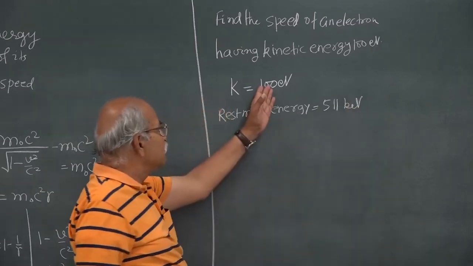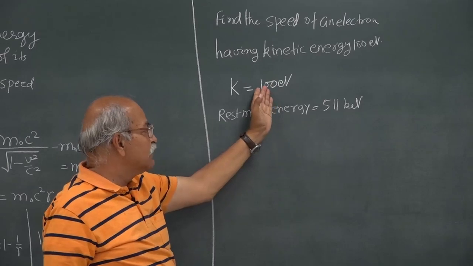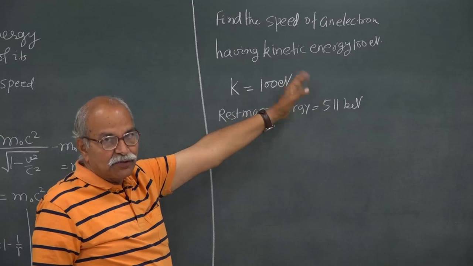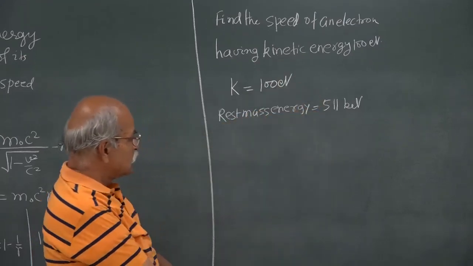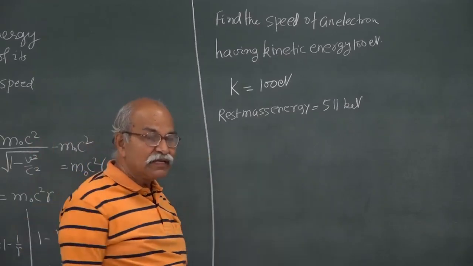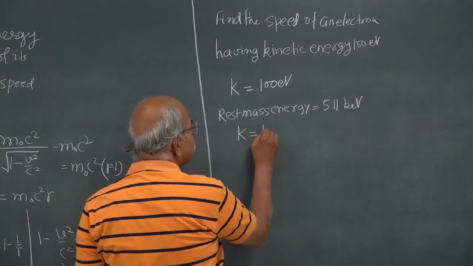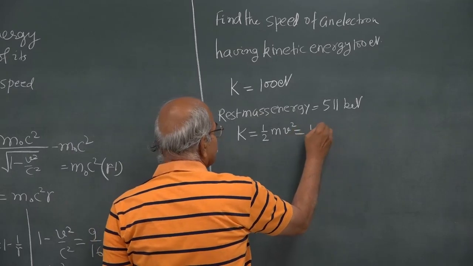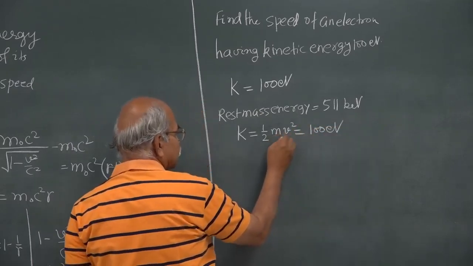So, this 100 eV is much smaller than 511 keV. So, 1 part in 5000 or so, and therefore one can use non-relativistic equations unless you are doing some very sophisticated experiment. So, I can use K is half mv square, and that is 100 eV. We have to find this speed.